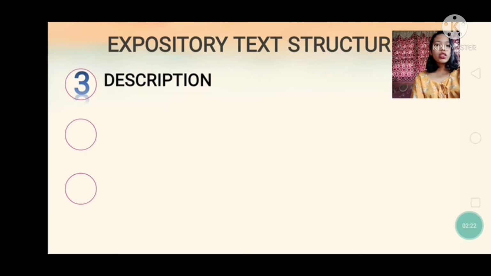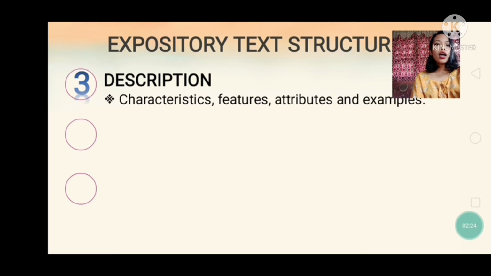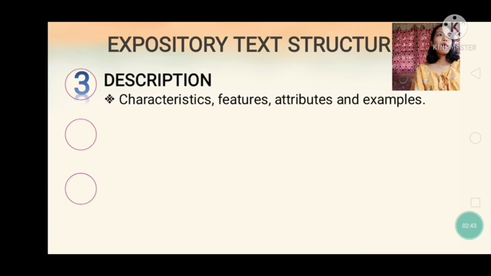Another text structure is the description. Characteristics, features, attributes, and examples. In description, the students will describe the topic, identifying and explaining its characteristics, features, and attributes, like in Biag ni Lam-ang, as you can remember.